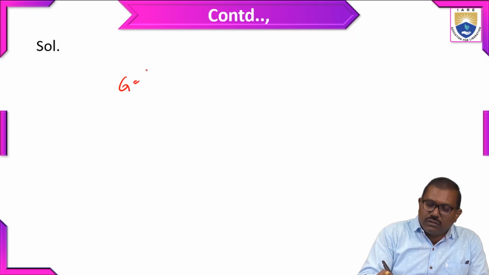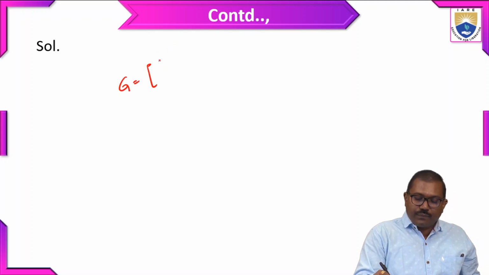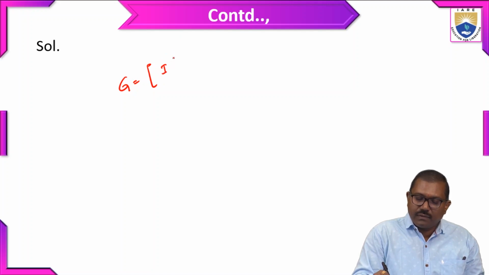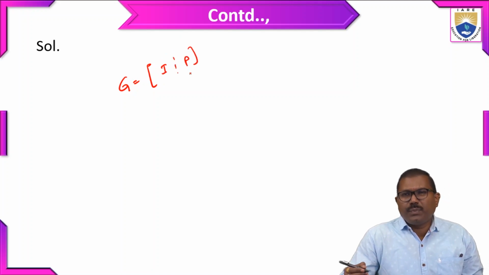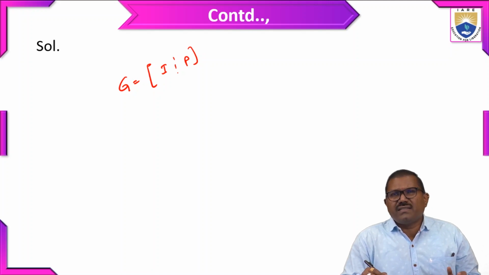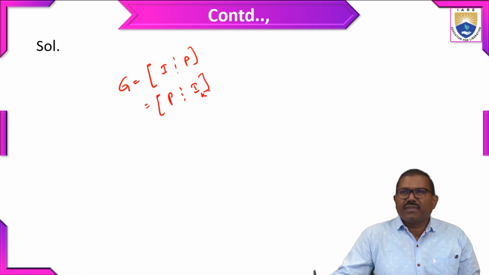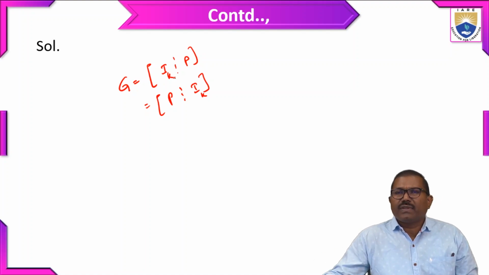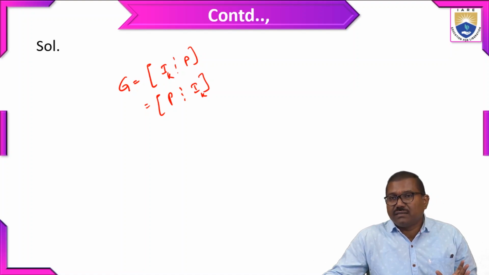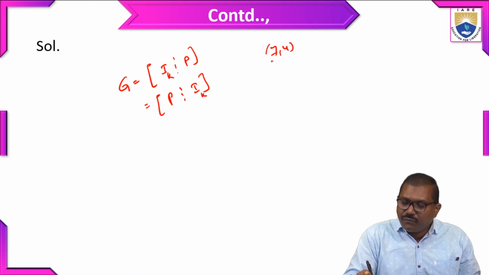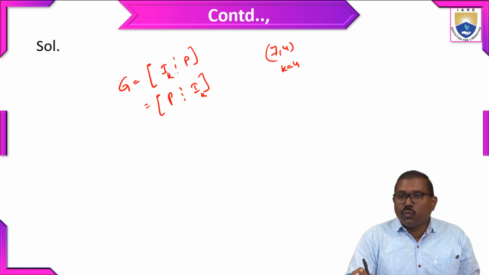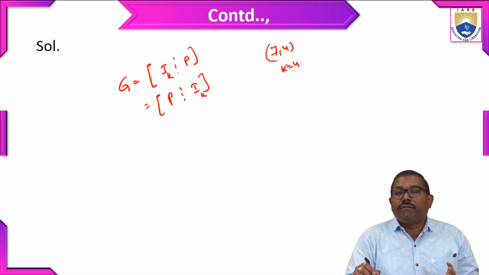So G is in the form of I P or P I. P is the quotient, I is the identity matrix. It may be in the form of [P : I_K]. What is K? The message block size. In this problem they gave (7,4), so K is 4. So we can observe a 4 by 4 identity matrix in this generator matrix.